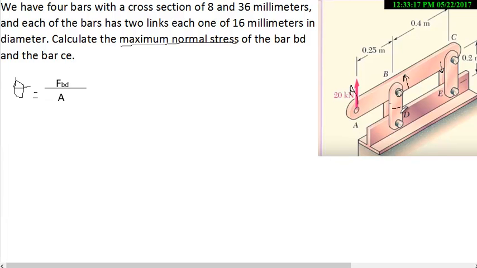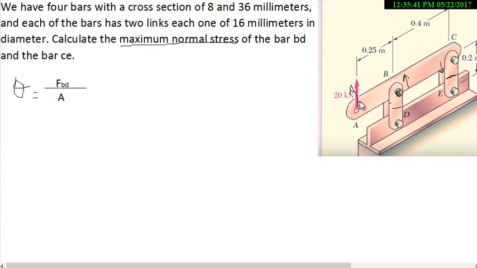So we need to find the section of each of the bars where we find the most stress. In the case of the bar BD, this will be in the links because of the tension force, and in the bar CE, this will be in the center of the bar because of the compression force.